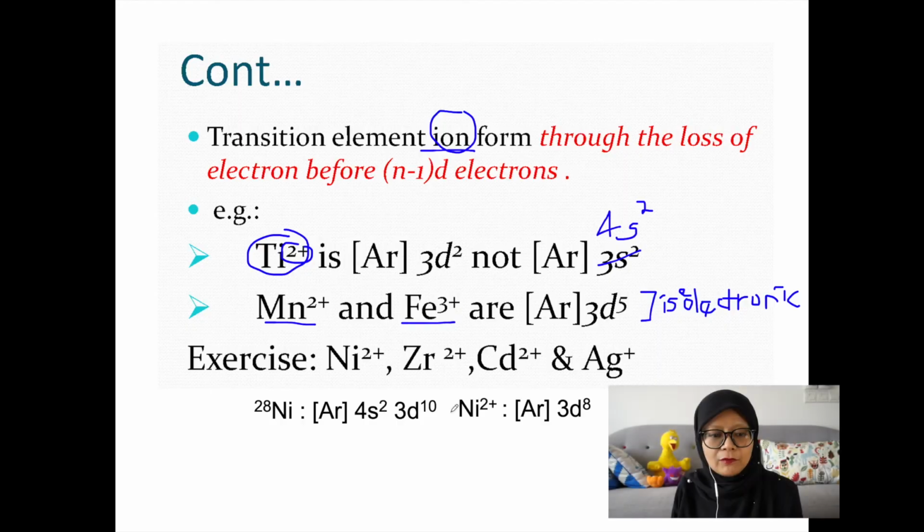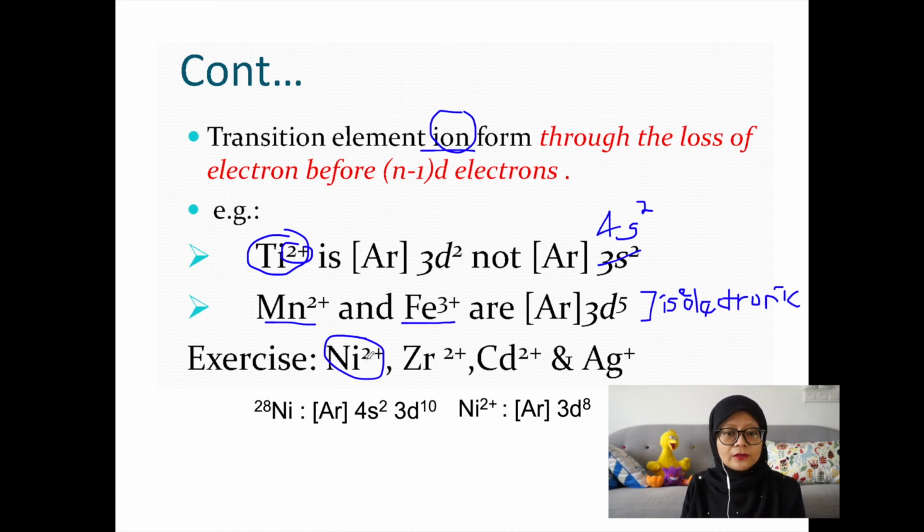And then as usual, I have an exercise for you. Here is one example, nickel 2+. Nickel has 28 electrons. The electron configuration for the neutral or ground state is Ar 4s2 3d10.